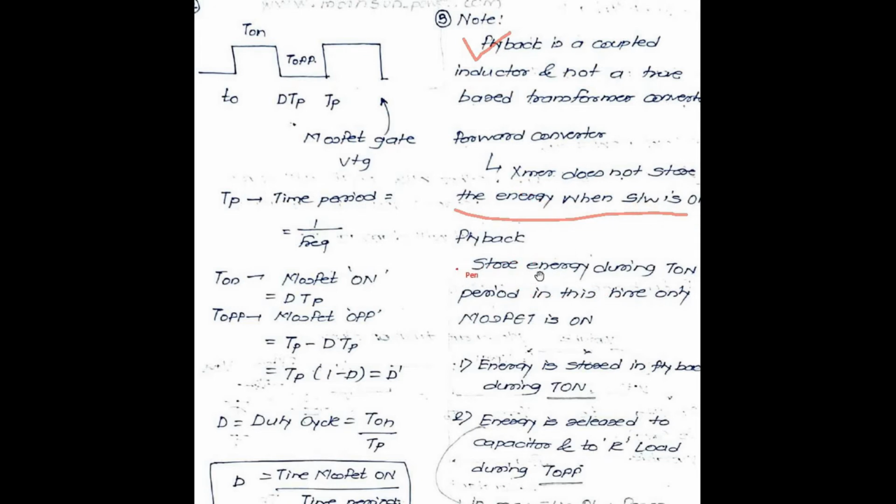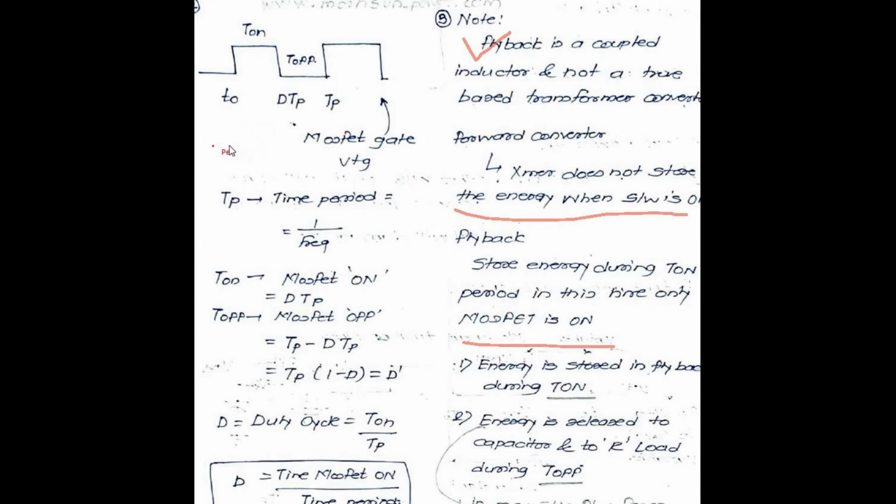This I only elaborated over the stored energy during the turn on time period. In this time period the MOSFET is on. Basically I want to give some glimpse of network theory. As you know, many of us went through transient analysis in our BTech. There, one switch is there, and for the inductor, if I'm turning it on or off, I'm making some change in a switch at t equals 0.